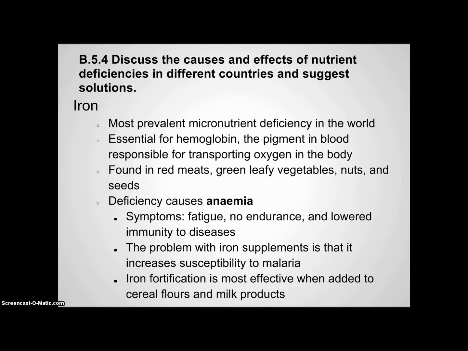Iron is another very common micronutrient deficiency, and especially in the developed world, which is very surprising. And iron's role is as a cofactor in hemoglobin, the pigment in blood, and you can obtain iron from red meats, green leafy vegetables, nuts, seeds, and other types of animal-based foods. And the deficiency causes anemia, and the symptoms are that you have fatigue, no endurance.